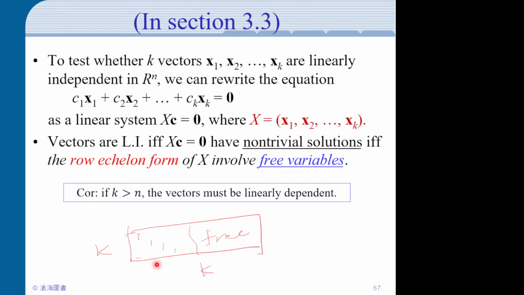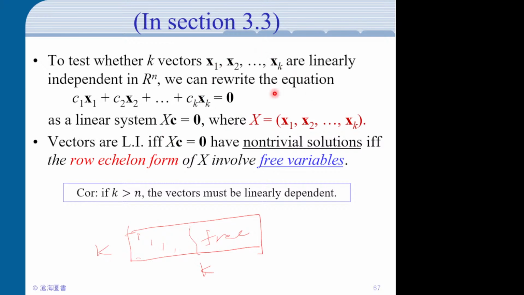Okay. And so a small review of section 3.3. We are given a set of vectors, and we want to test whether they are linearly independent, and we want to solve this formula c1x1 plus c2x2 up to ckxk. We want to see whether it has a non-trivial solution equal to 0, and we write it in matrix form.